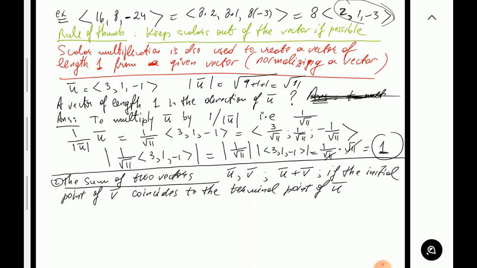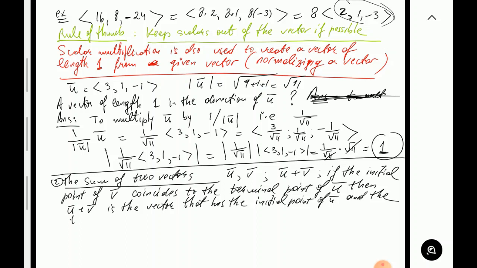So if the initial point of v coincides to the terminal point of u, then u plus v is the vector that has the initial point of u and the terminal point of v.